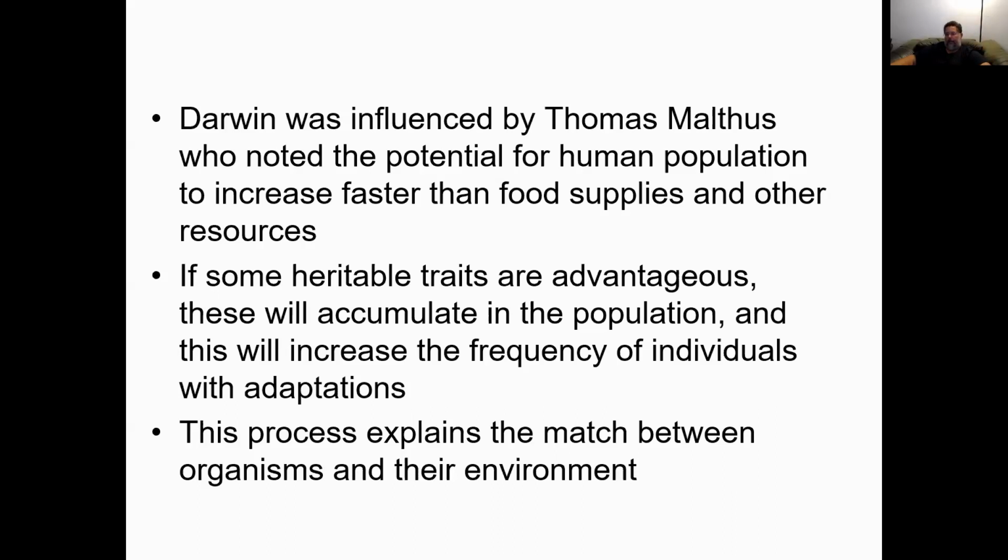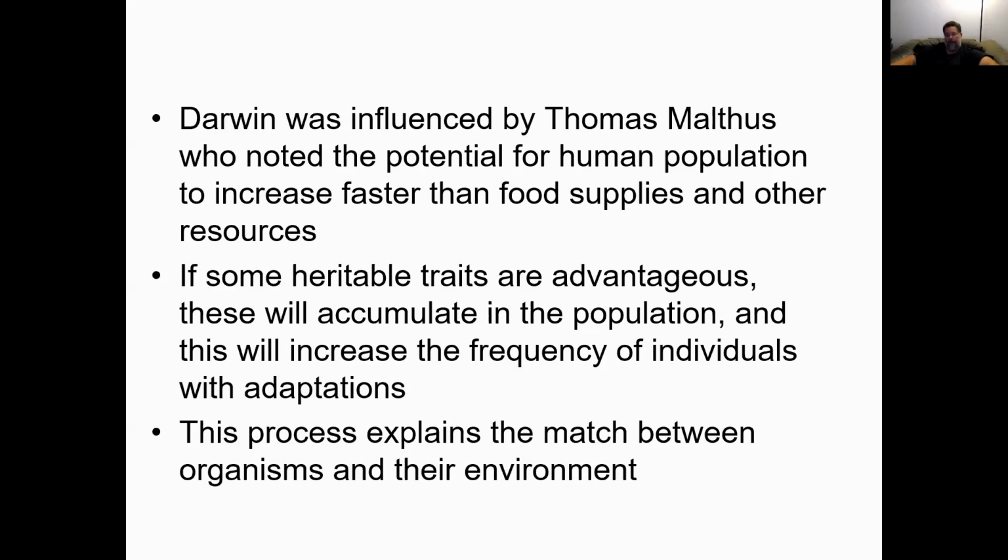And so again, Darwin sees this in organisms and that some heritable traits are advantageous. If you're a mosquito with a little bit more resistance to DDT, that's an advantage. If you live in an environment where DDT is being spread by humans, what happens when we stop spreading DDT?